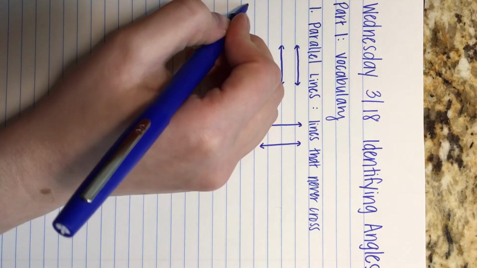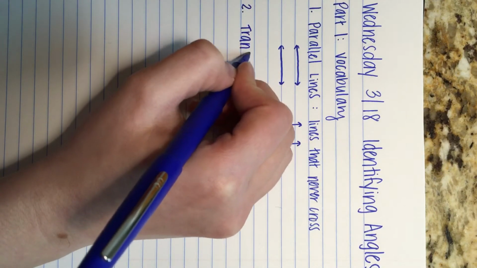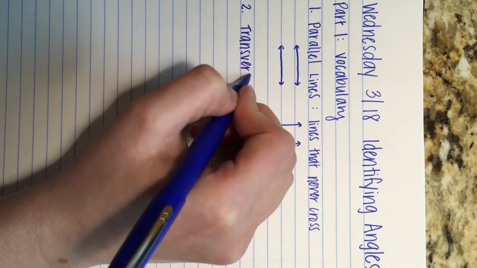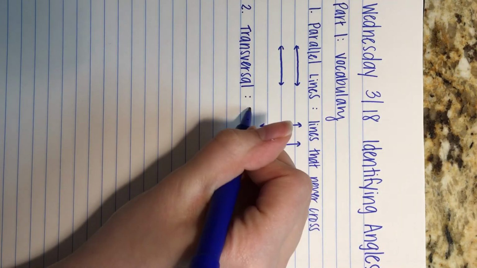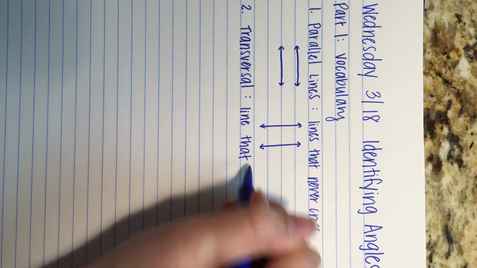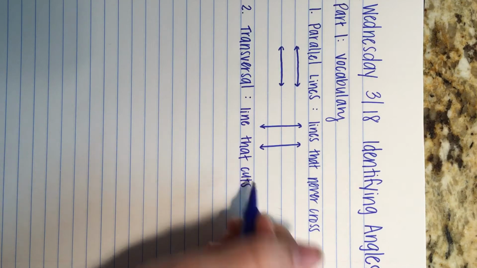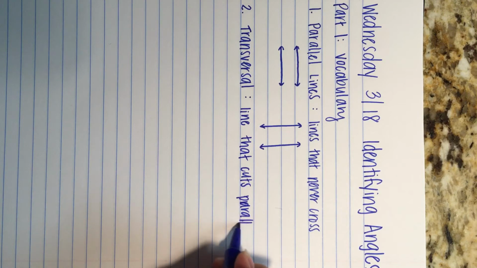Okay, so some new vocabulary that you're going to need is something called a transversal. So a transversal is a line that cuts parallel lines.